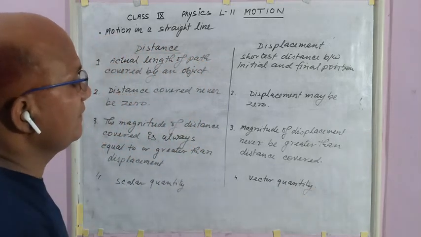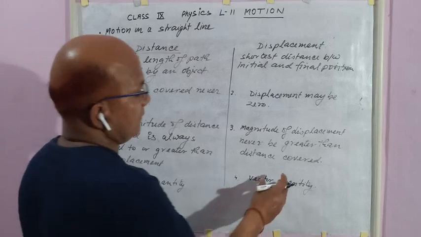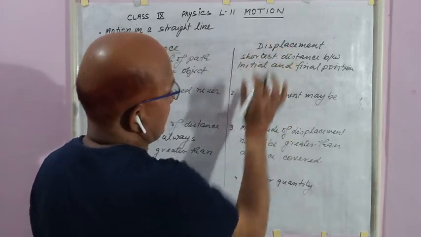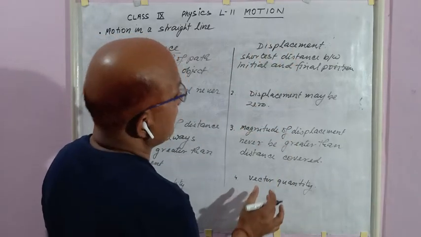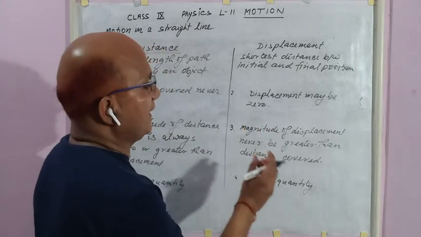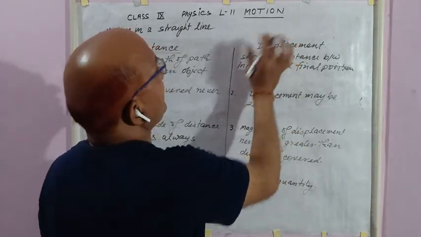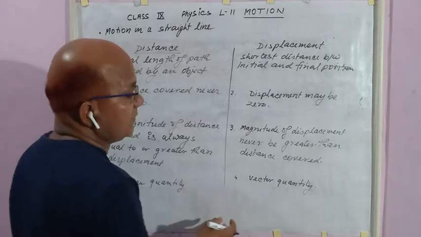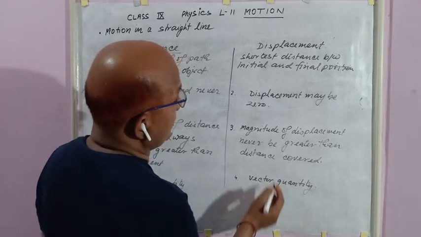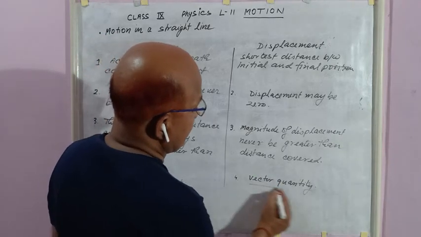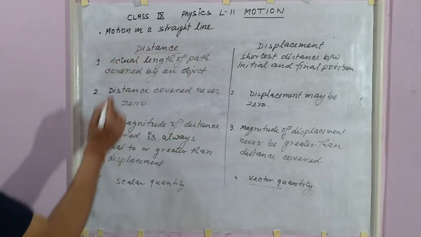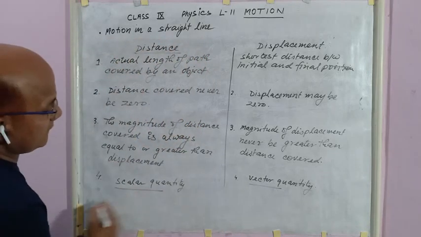Vector quantity means to describe displacement it needs magnitude as well as direction. So displacement has magnitude as well as direction, so displacement is vector quantity and distance covered is scalar quantity.